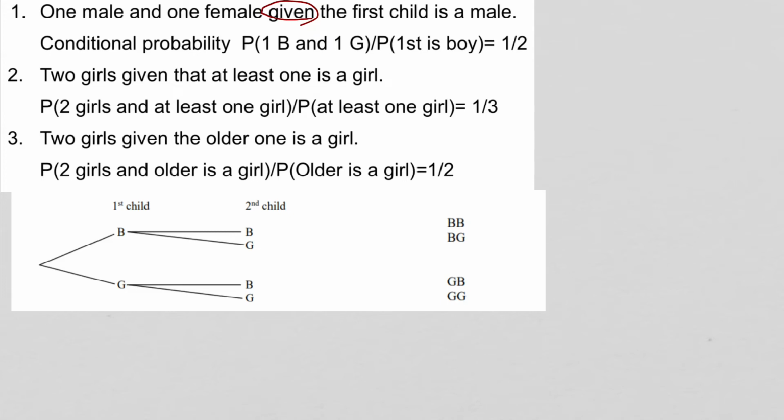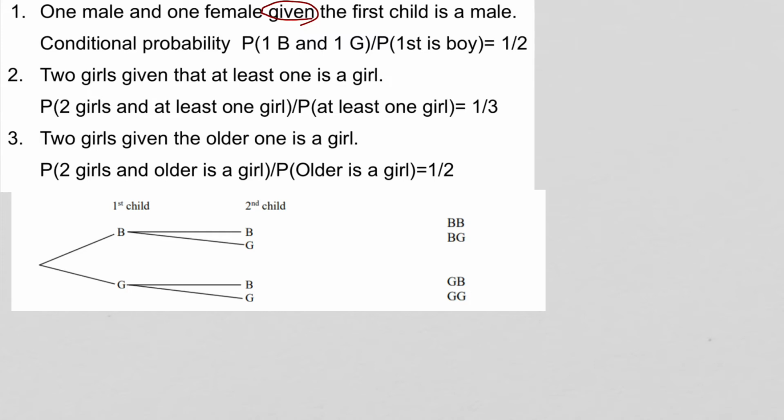So we need to do the probability of a boy and a girl, and that the first child is a boy, because that's the denominator.